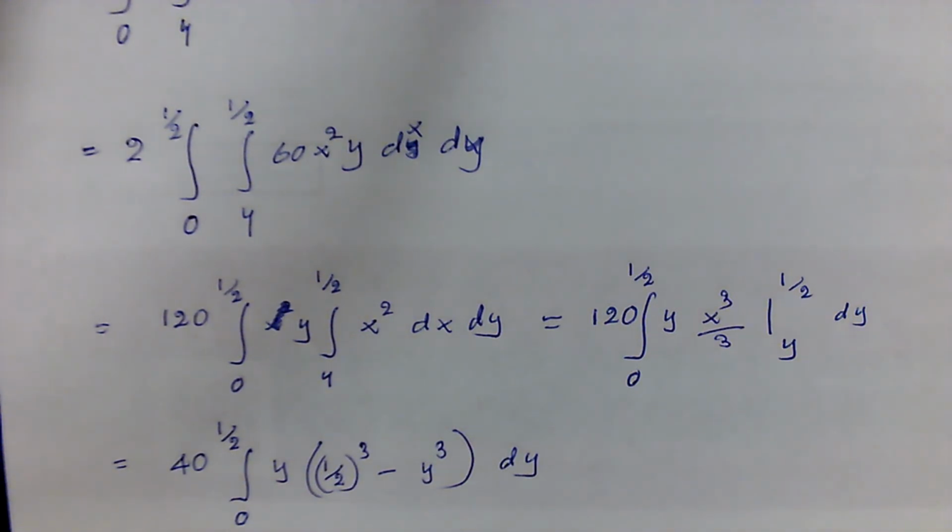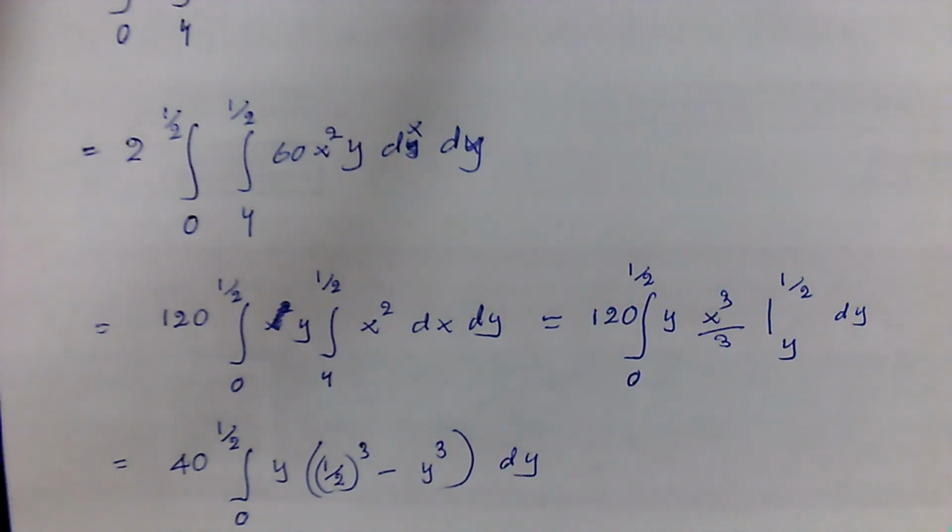So if you do the integration method, then the above integral will be equal to 2 times the integration of 0 to 1/2 and y to 1/2 of 60 times x squared y dx dy, because now you might see based on the above graph, when y goes from 0 to 1/2, based on the small triangle, x goes from y to 1/2.